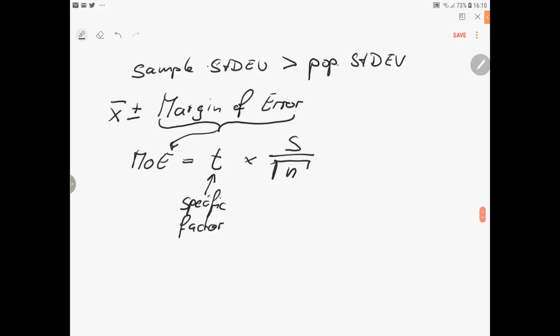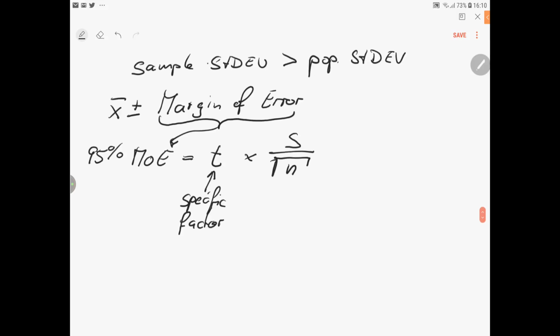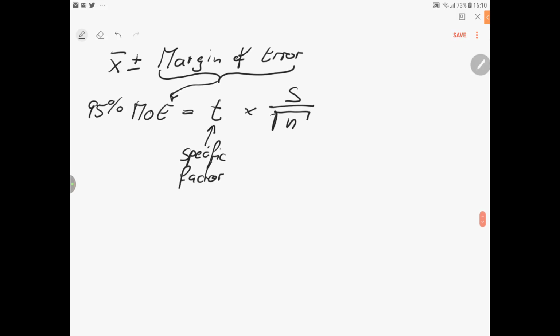So we want to be fairly sure with our margin of error, so we usually call it a 95% margin of error. And in this case, our MOE equals this t factor.